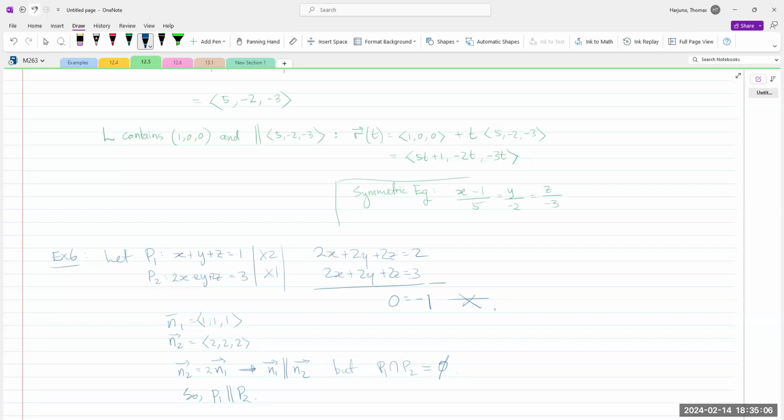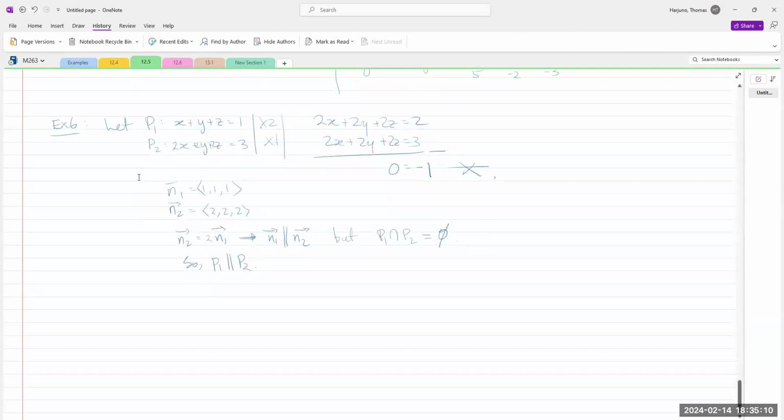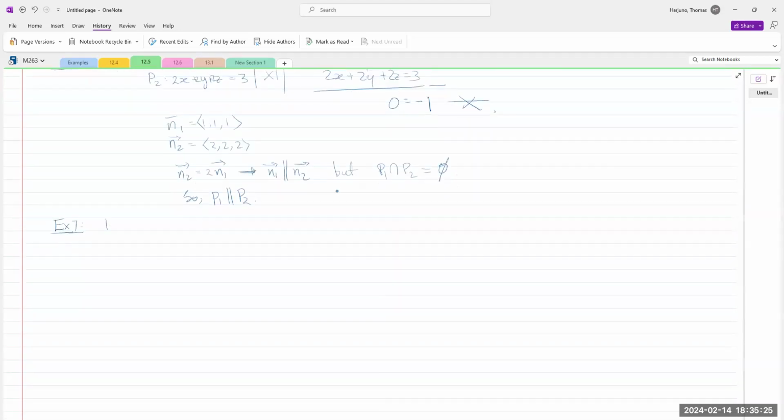Now, the next example I will work on is an example where we will derive a formula to find the distance from a point to a plane.